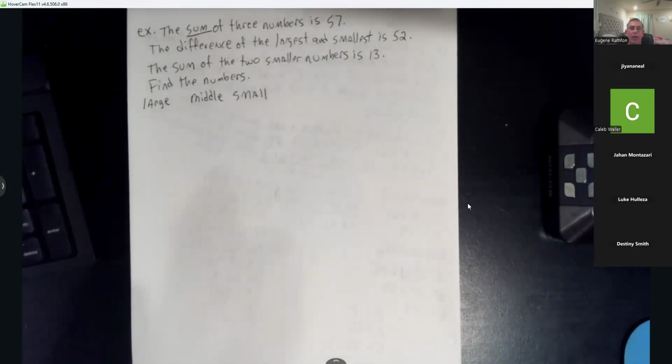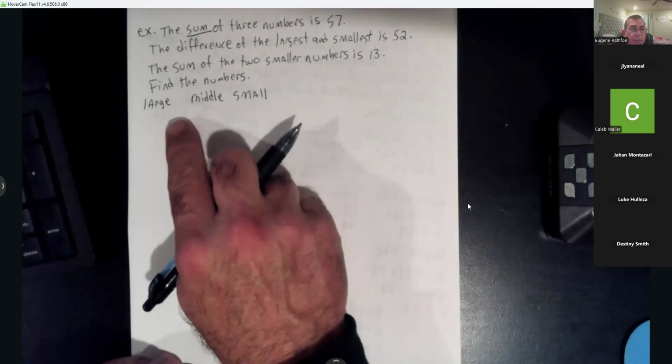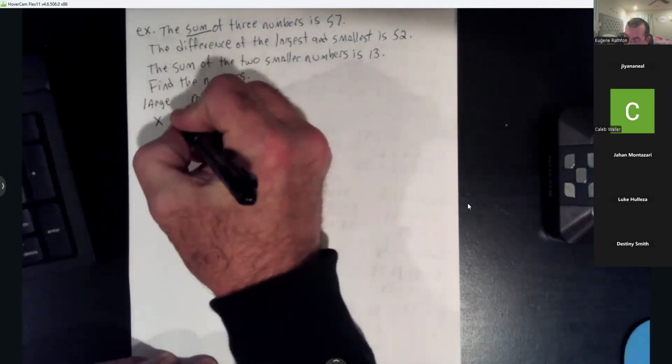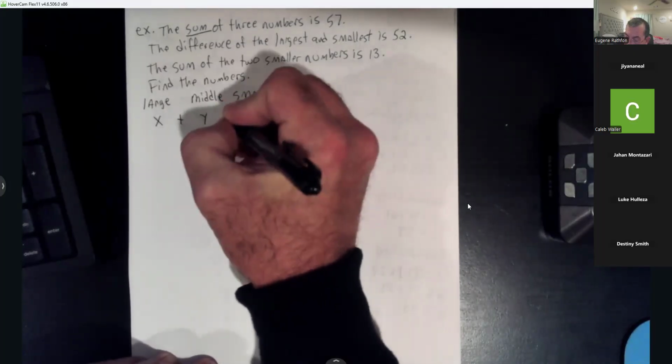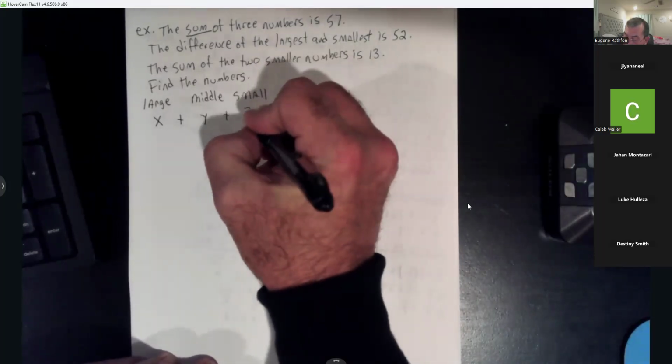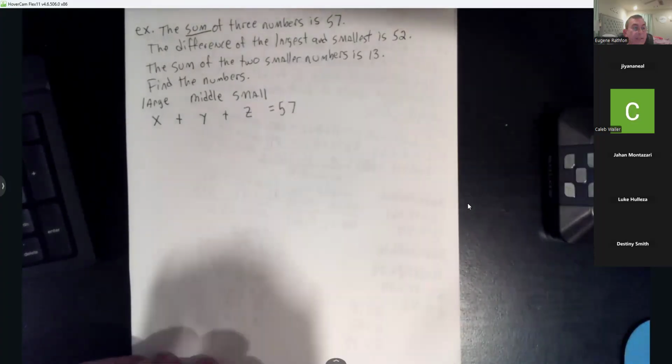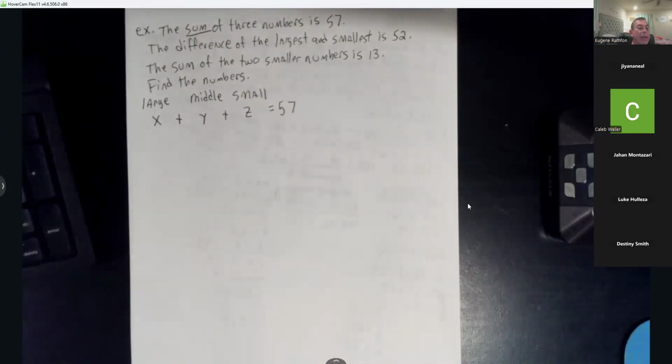All right, remember, sum means they're adding these numbers. So for my first equation, I'm going to have X plus Y plus Z equals 57. All right, Darren, you got it up there. Let me see. Yeah, perfect.